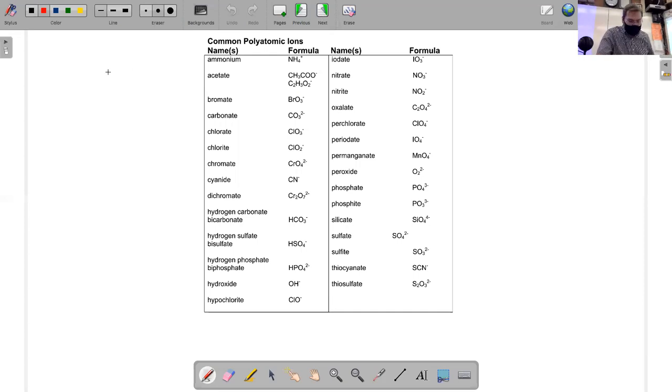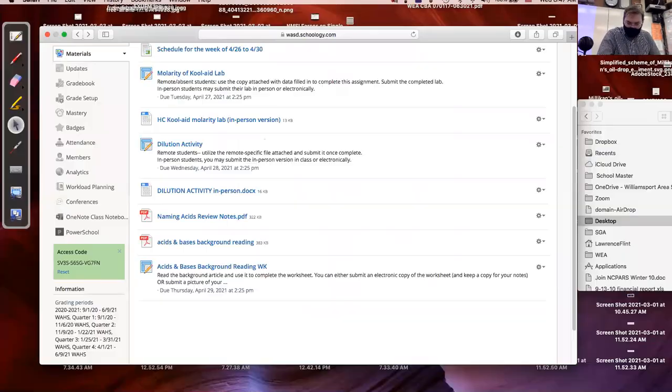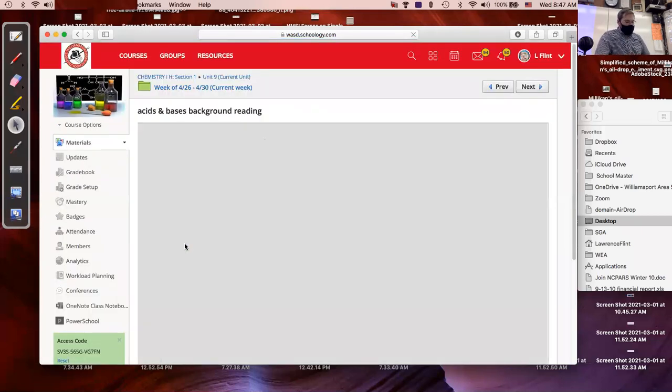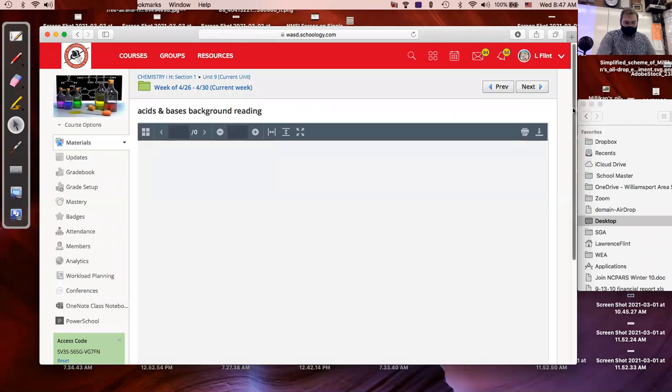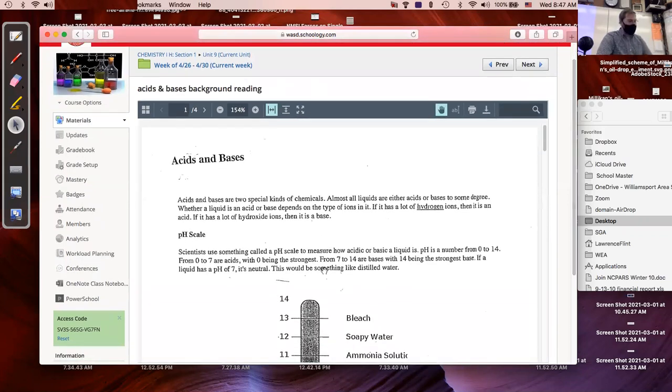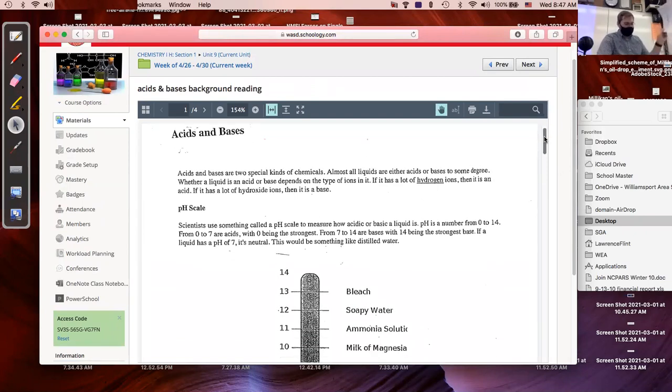If you're remote, this thing says acid and base background reading, and online it's, sorry about that, just a scan. It's a scan of this. Of course it's also in color, but this just turned out to be a scan of it. That's just kind of where we ended up.